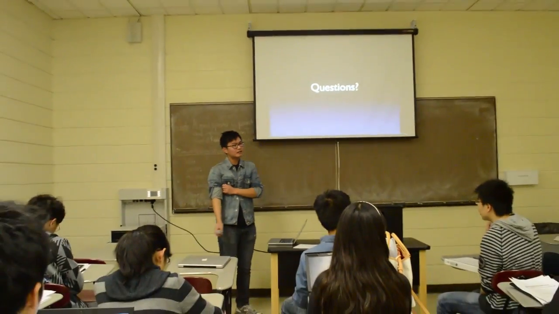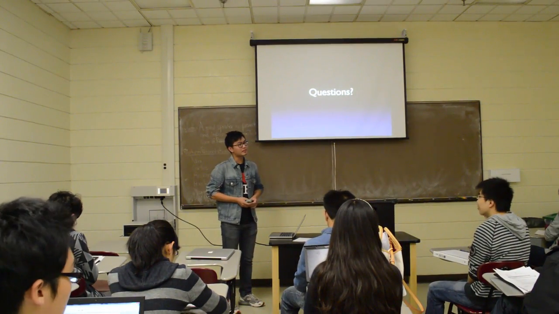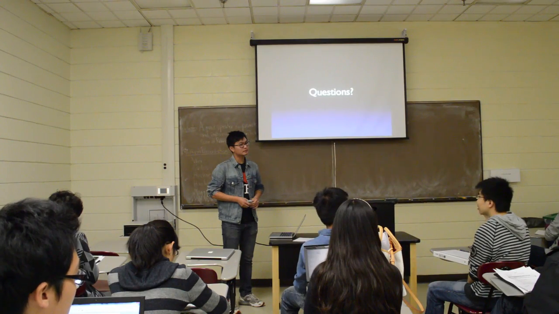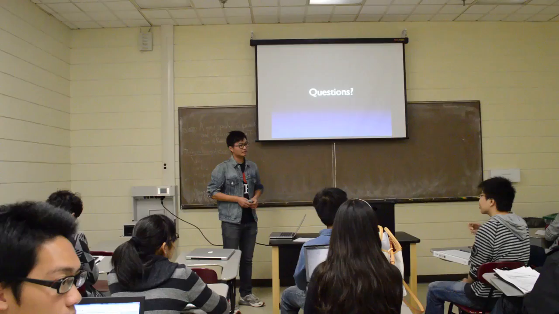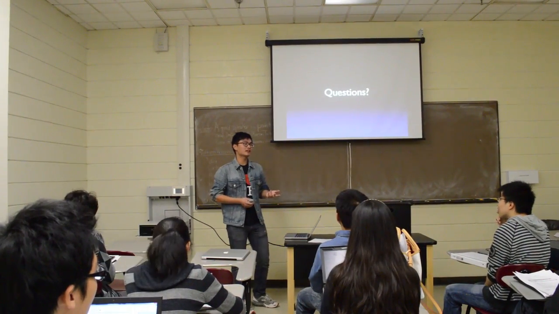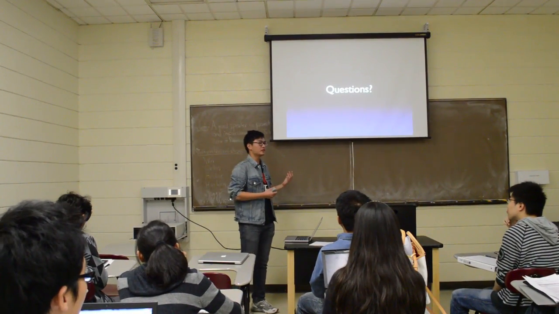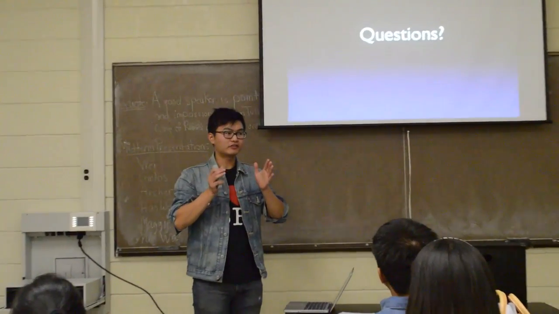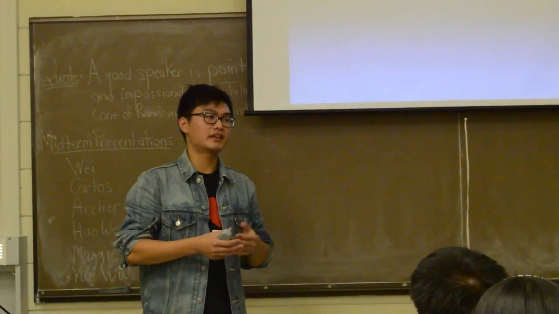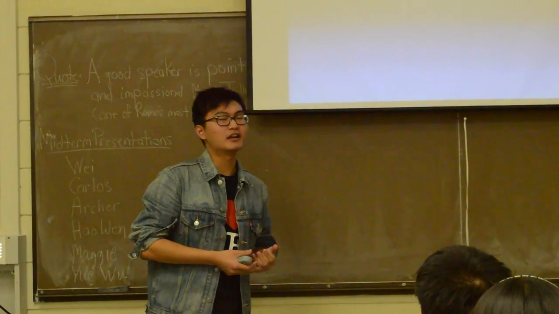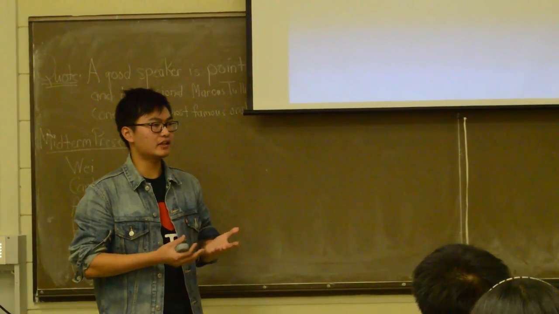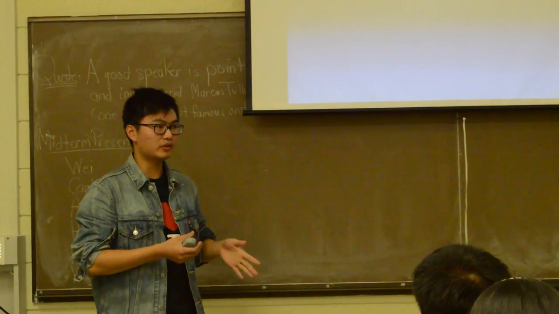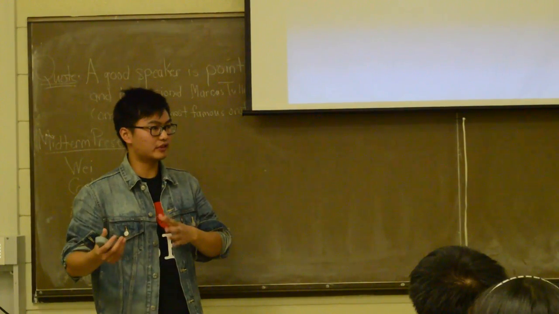Can this technology detect a face if the person is not directly facing the camera in the picture? Okay, so your question is, if the person in the image has no frontal face, can my method detect that? As I said in my slides, you train the model and you have to collect a bunch of data.